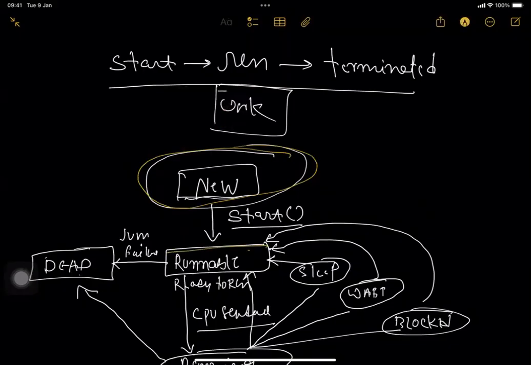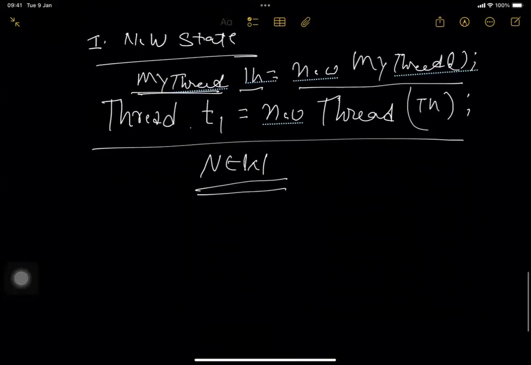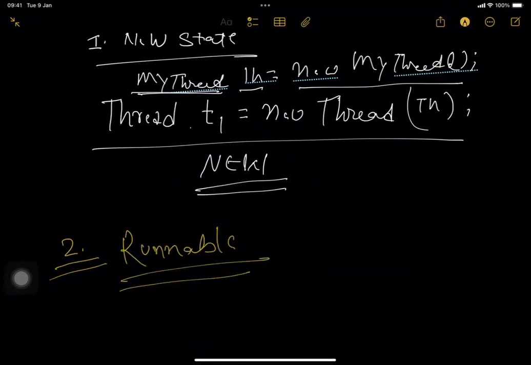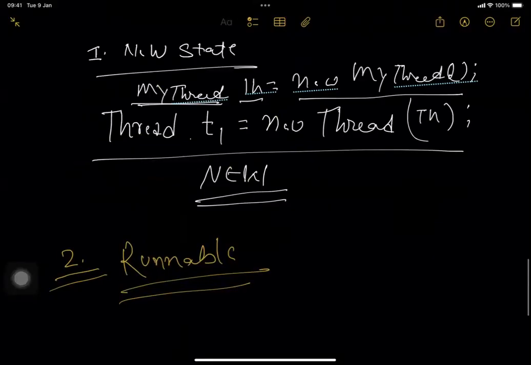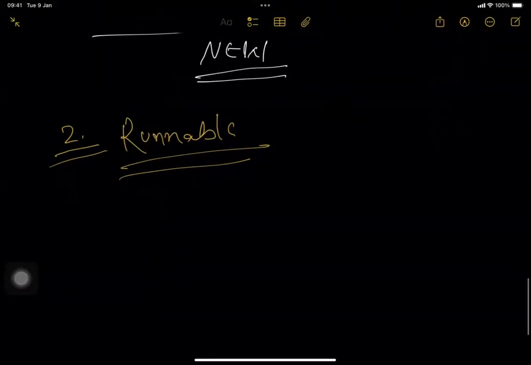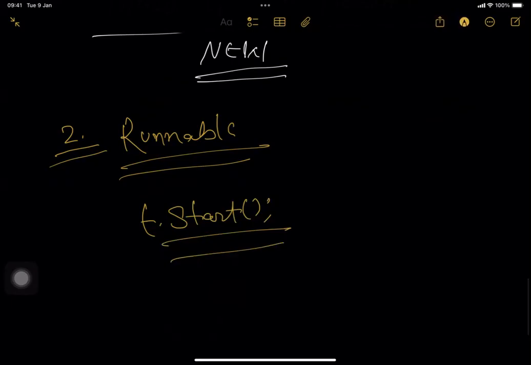Now runnable state. When it goes from new to runnable, how will it come? So we'll see what the runnable state is. What is the thread name? T1, right? You just remember this piece of code that we have created. So when you call T1.start, a transition will happen.